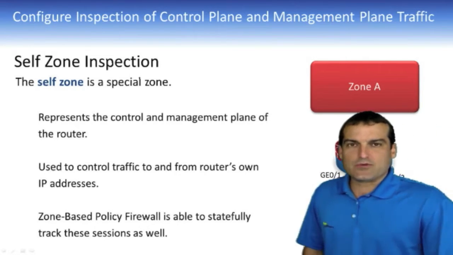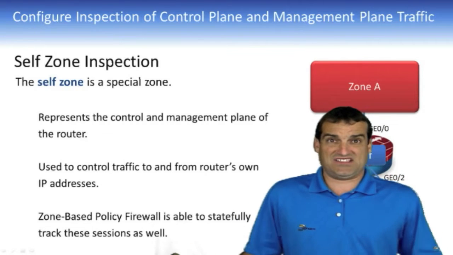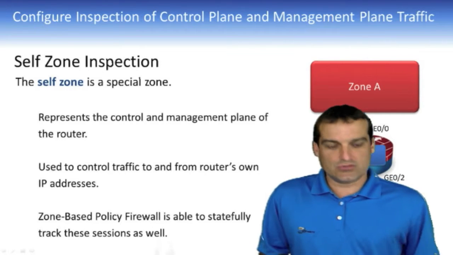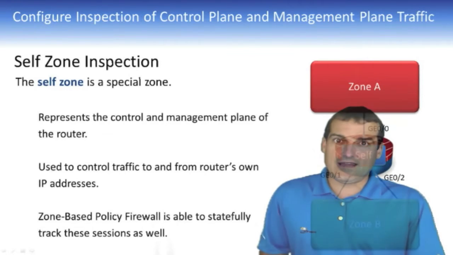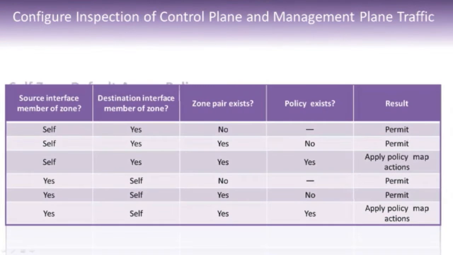Now, you probably remember from the last class session that we didn't create any SelfZone on the device. Is this SelfZone created automatically? And the answer is a resounding yes. It is created automatically for us. So one thing we don't have to worry about doing is creating the SelfZone.